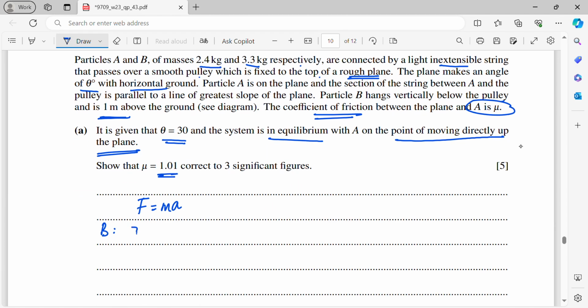So 3.3 G minus T equals 3.3 times a, because at this moment it is still in equilibrium, so there's no motion yet. Your a will be 0, because there is no motion, the v is 0, definitely the a is 0. Then from here, I can find my T directly, which means my T is basically 3.3 G. My G is 10, then you are getting 33 newtons.